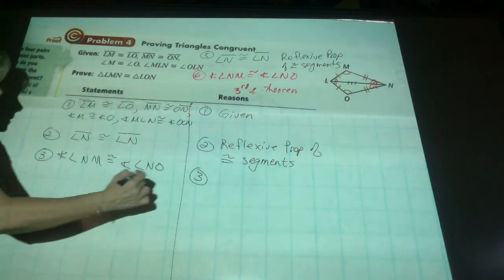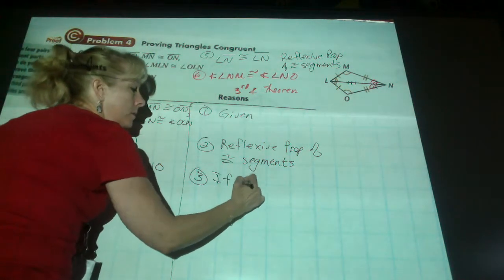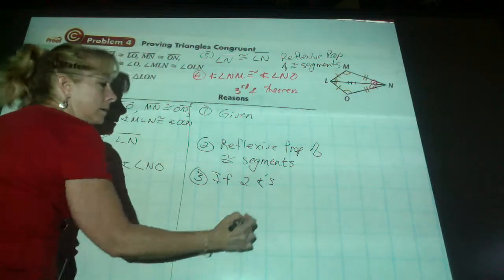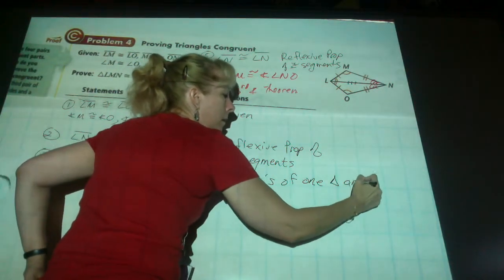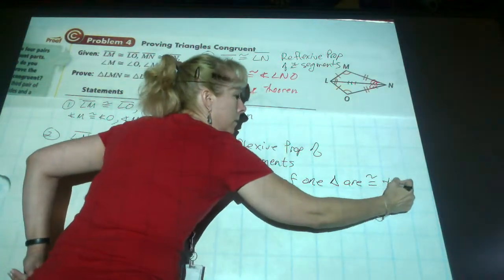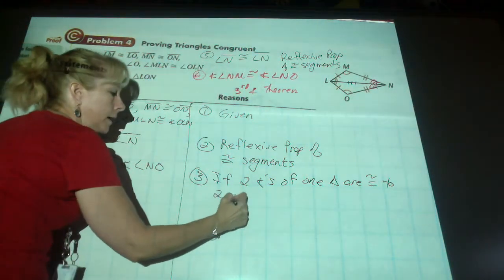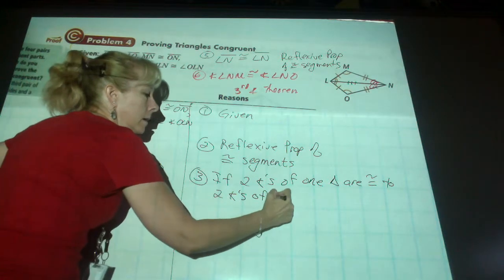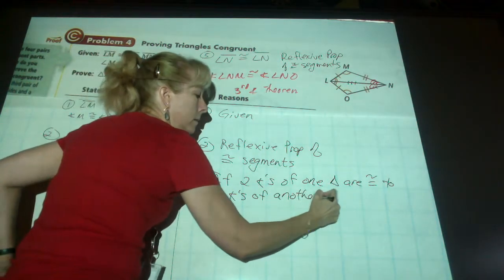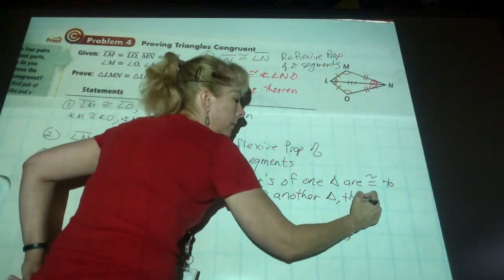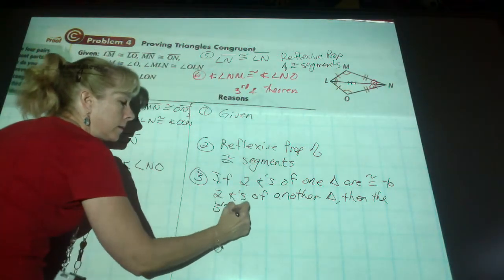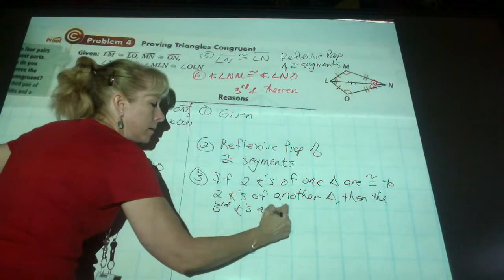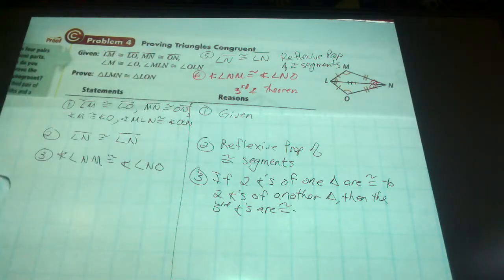So write it out. If two angles of one triangle are congruent to two angles of another triangle, then the third angles are congruent.